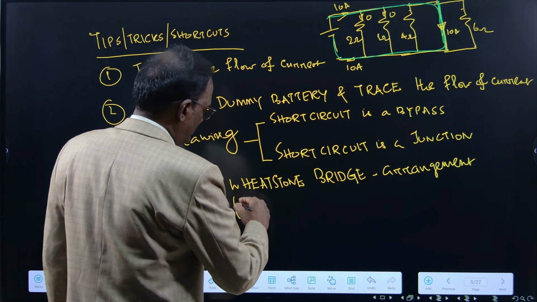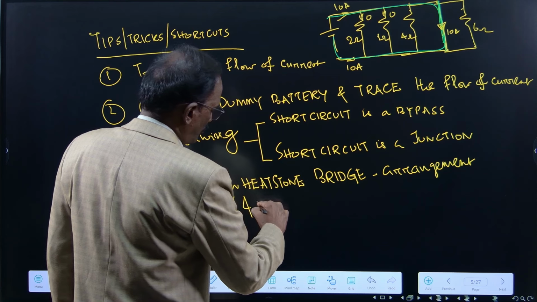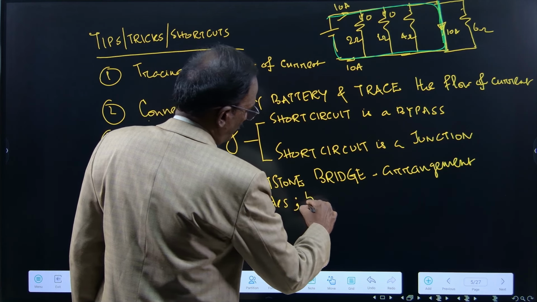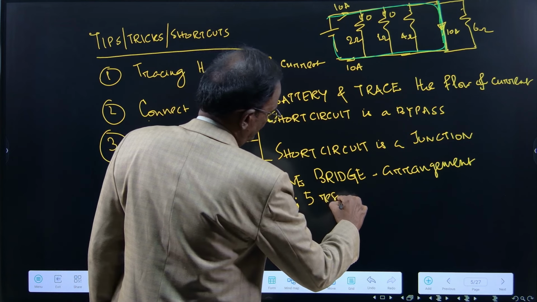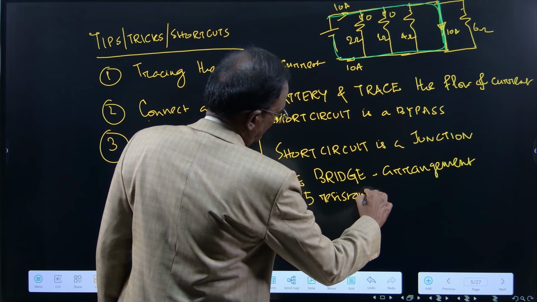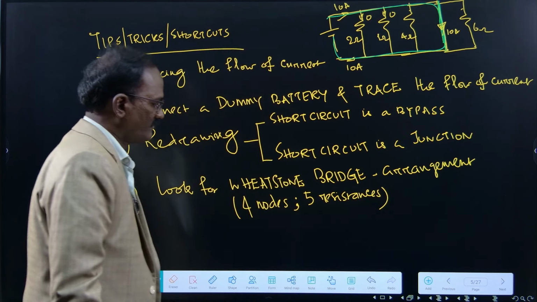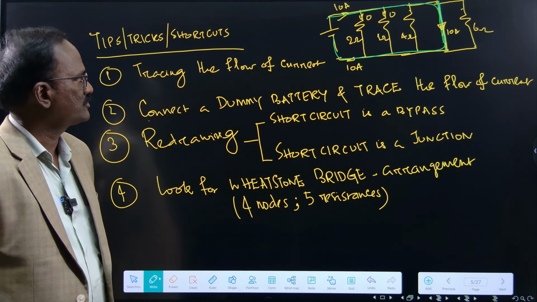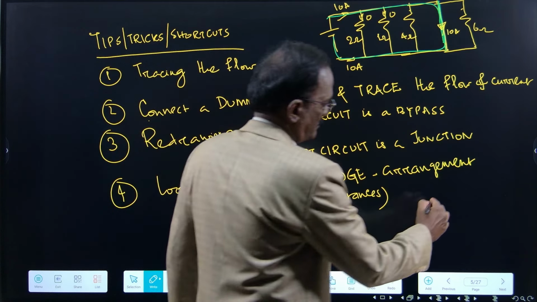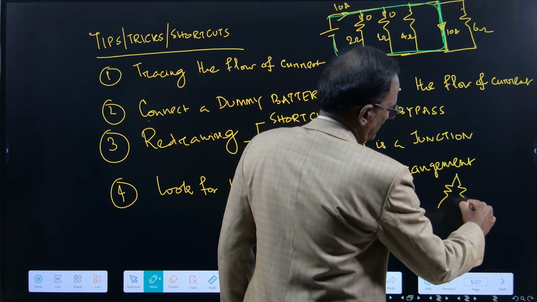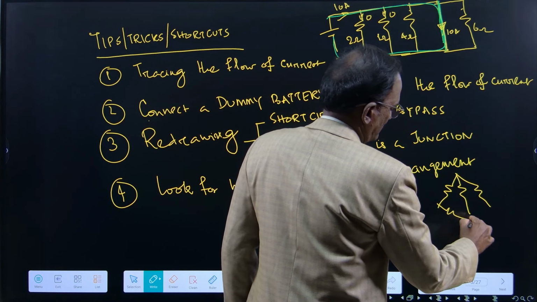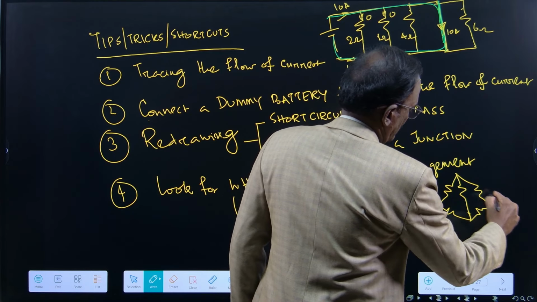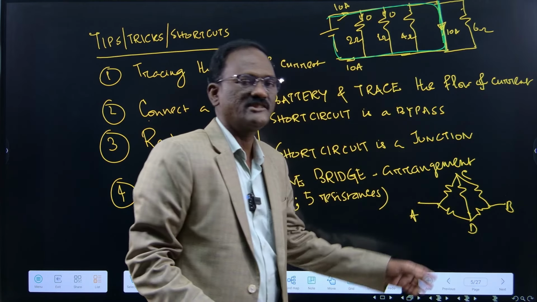The condition is it must have 4 nodes and 5 resistances. If it has 4 nodes and 5 resistances, this is called a Wheatstone bridge, right? I can draw one such Wheatstone bridge here. Yes, this is one Wheatstone bridge.